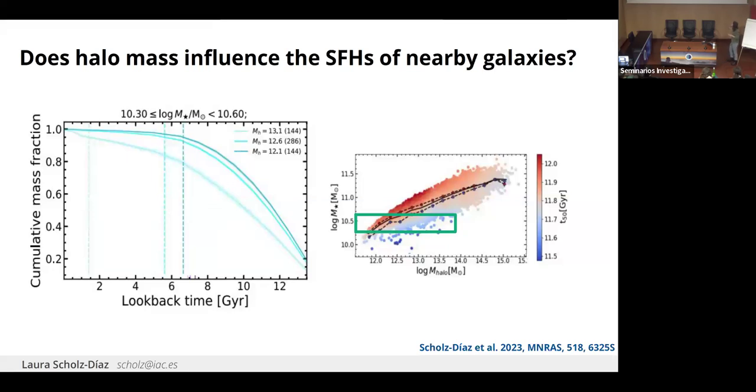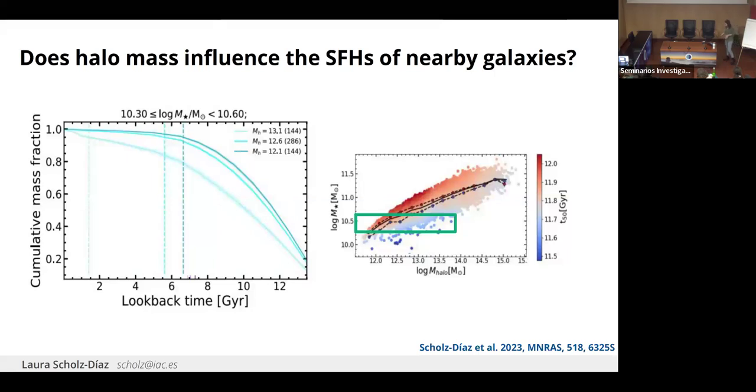So you see how galaxies in these halos form their stars faster and more rapidly, and these halos do it more slowly. And these vertical lines indicate the time in which these halos form 95% of their present stellar mass. And you see how galaxies in these halos, sorry, do it earlier than galaxies in more massive halos that do it later.